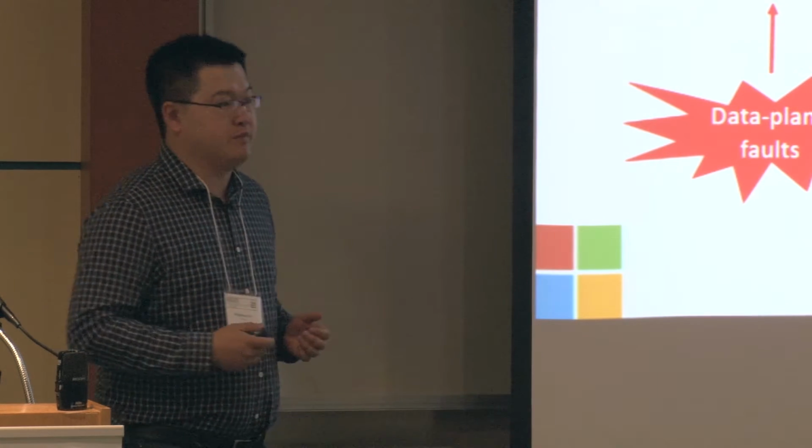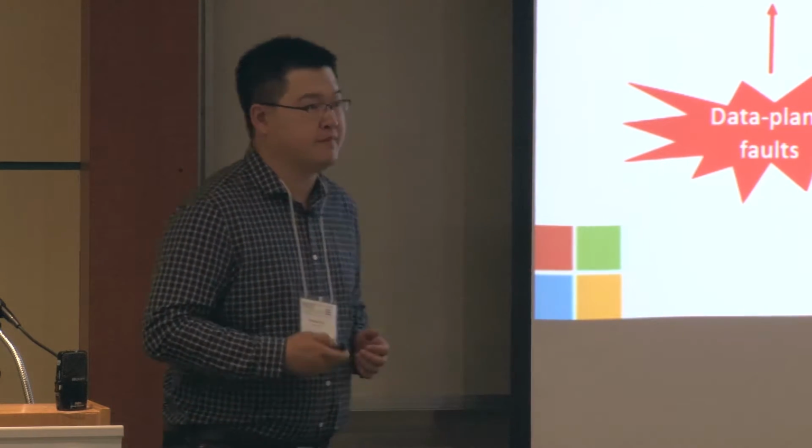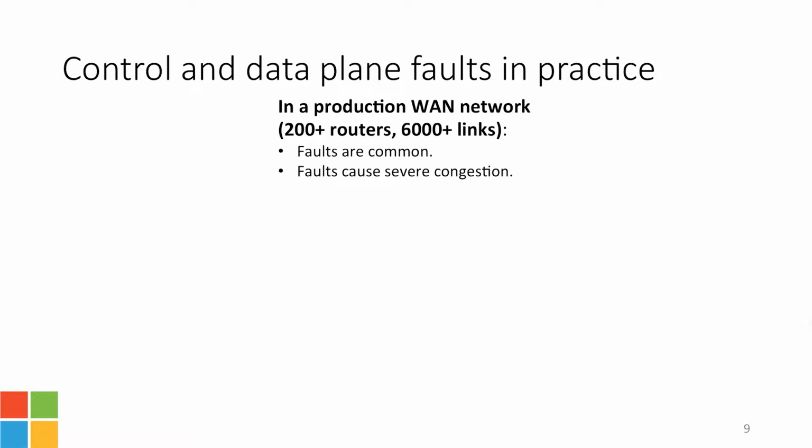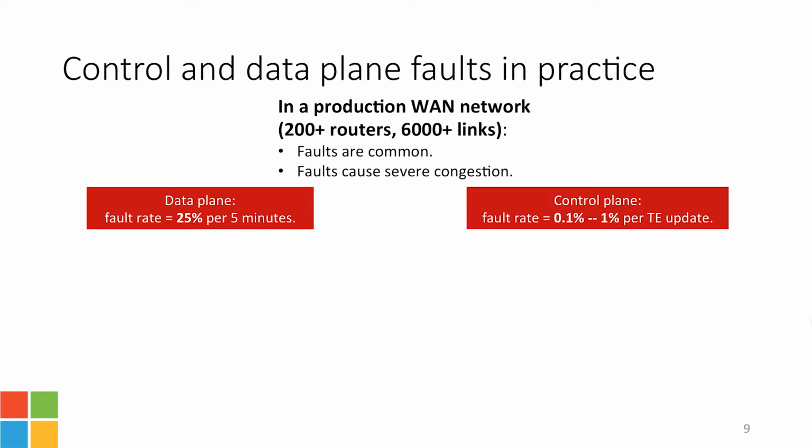Now the question is whether these faults are very common. Unfortunately, yes. We did a study on Microsoft's WAN, which is a large-scale network. We found that these two kinds of faults are very common, and from time to time, they cause severe problems. For example, we found that every 5 minutes, there is a 1/4 chance that at least one link goes down.